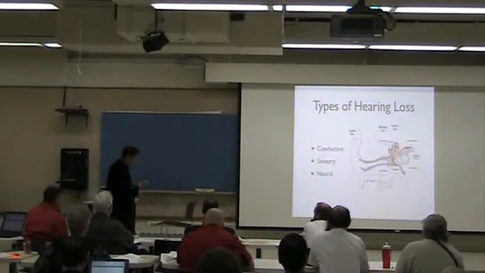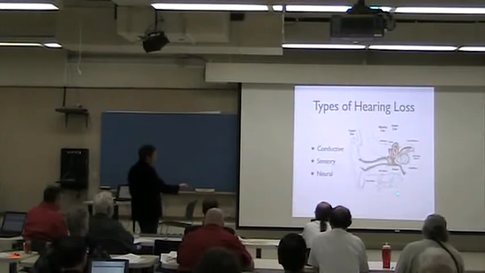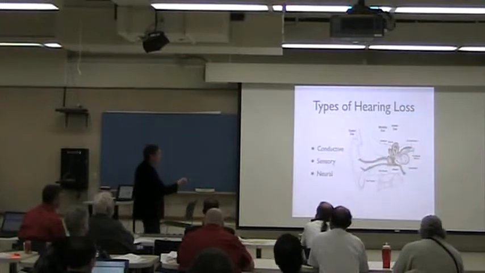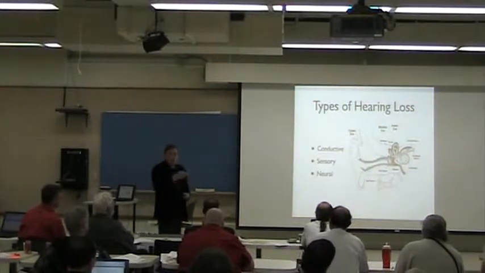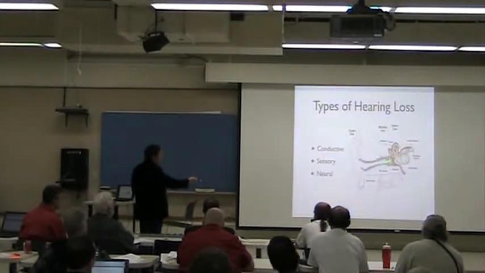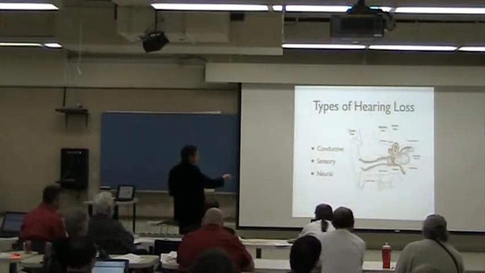Our ear basically consists of 3 parts, very simplistically: the outer ear, the middle ear and the inner ear. The outer ear and middle ear connect the inner ear to the outer world. So this is the mechanical connection which brings the sound pressure into the cochlea.